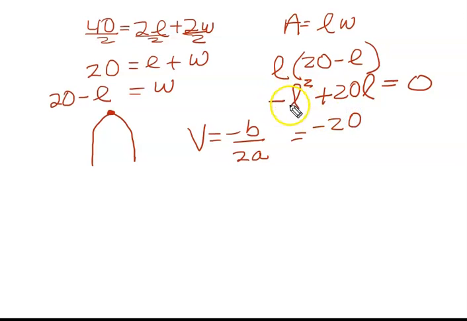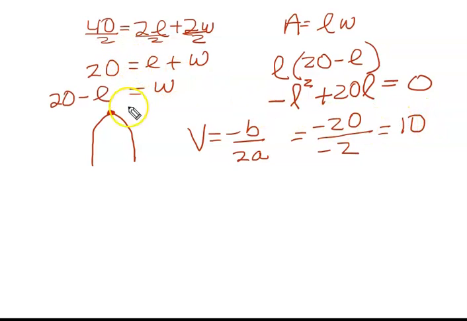And our a is 1, so 2 times a negative 1 is a negative 2, gives us a positive 10. So our vertex, the maximum, will be 10.